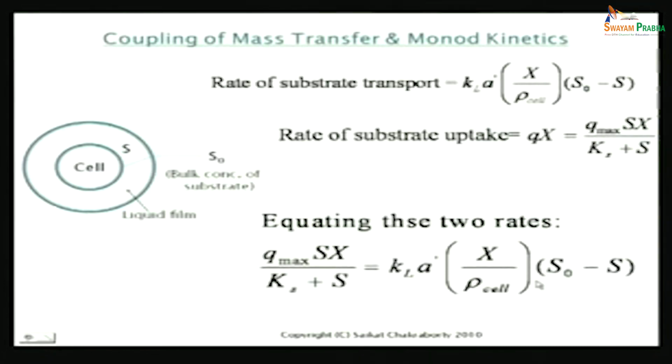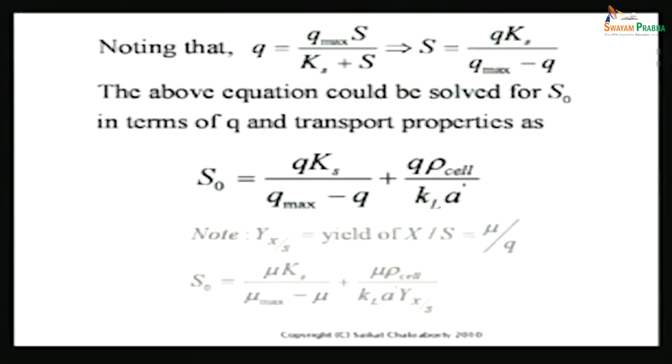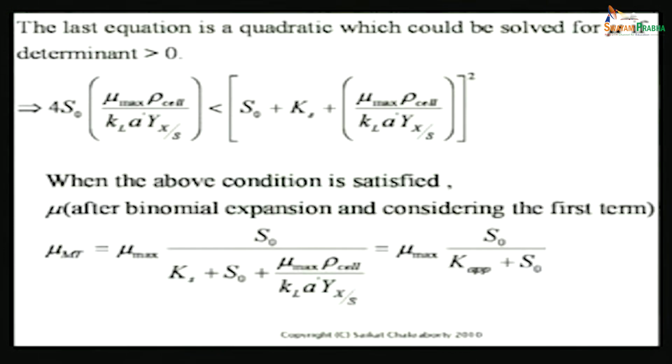We went another route, and the reason was it is more important to find out the minimum amount of initial substrate that you need to nourish the cells for experimental growth, rather than to solve for what your substrate amount is. So that is exactly what we are trying to do. We can always solve that, and it's not a big deal to solve that quadratic equation. But what we're trying to find out is my minimum amount of substrate, and how do you get that? You get that straight from this equation, fine?